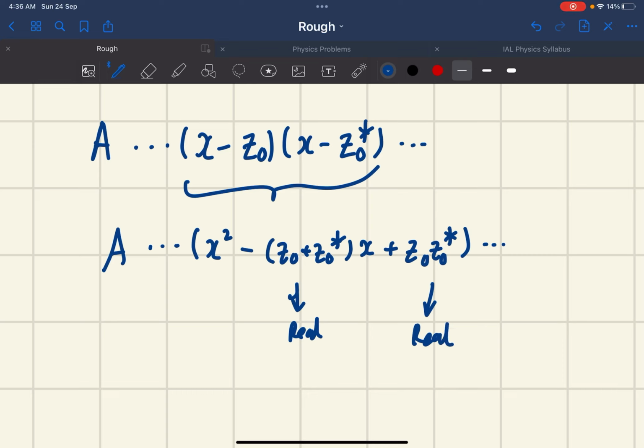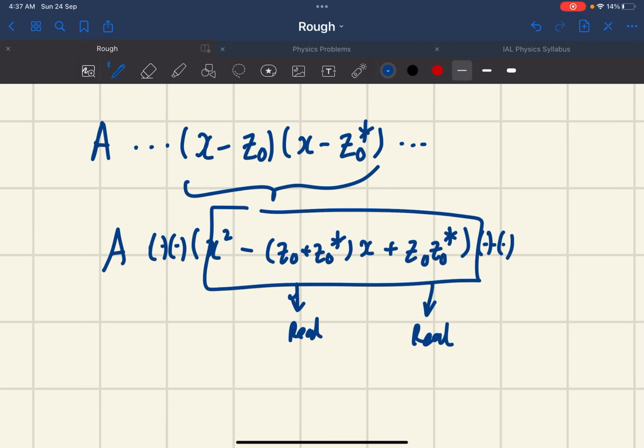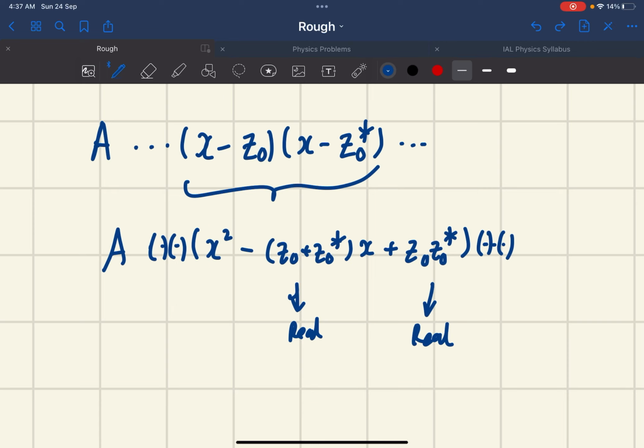So what we have now is that this expression can be turned into brackets, factors, inside of which there can be linear terms, x minus a real coefficient, a real root, or it can be a quadratic expression like this, but it also has real coefficients here, here, here.